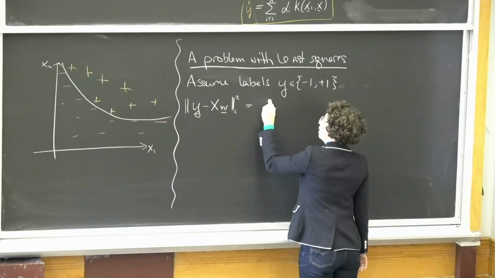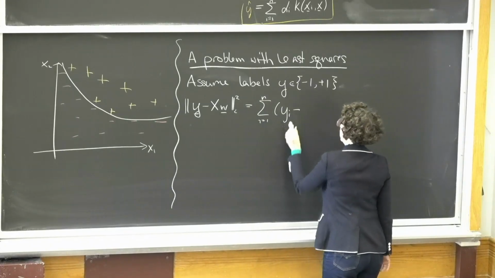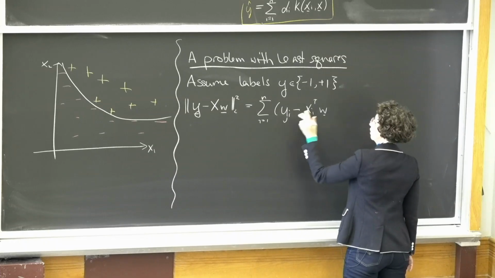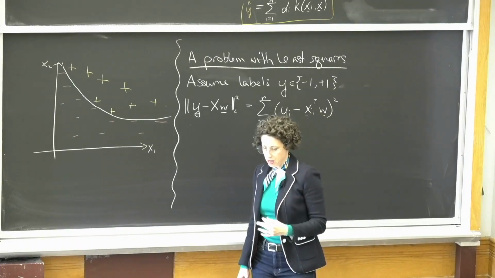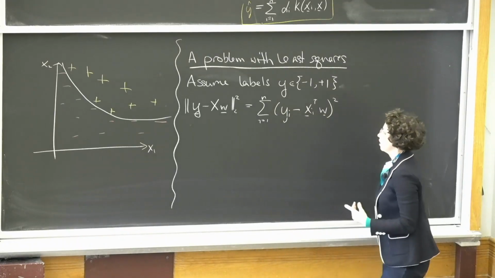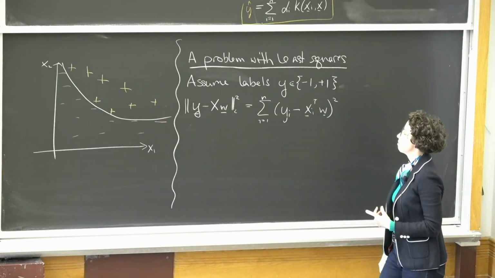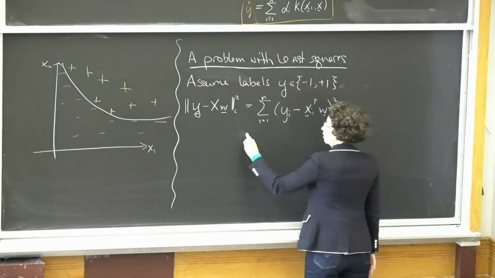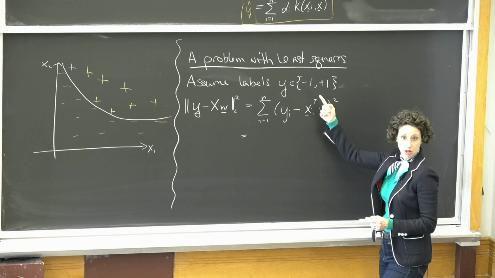This is the sum from i equals 1 to n of (yi minus xi transpose w) squared. But now I can rewrite this somewhat differently in the setting where my y's are only +1s or -1s, because yi squared is always going to be 1.